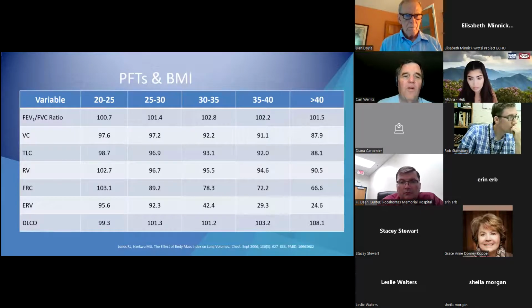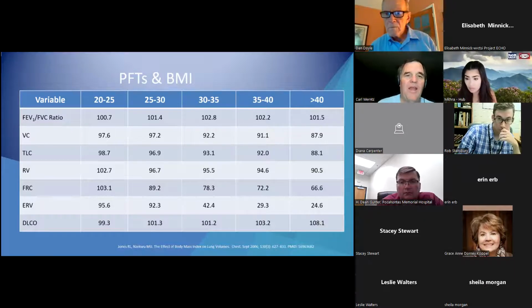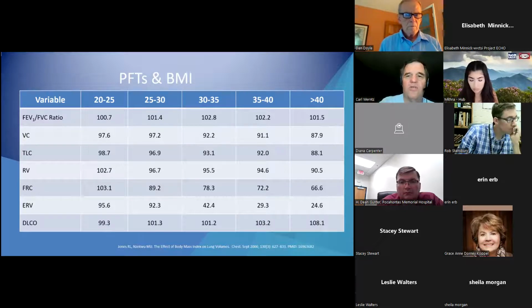So when you look at people with different BMIs and what their PFTs are, this is a separate study that was done by Jones and Nisq, I'm going to guess. What I look at here is the total lung capacity and the residual volumes. Let's go across the TLC column, and you'll notice that when you get up to 35, you start seeing some decreases, but you're still well in the normal range, even for people greater than 40.